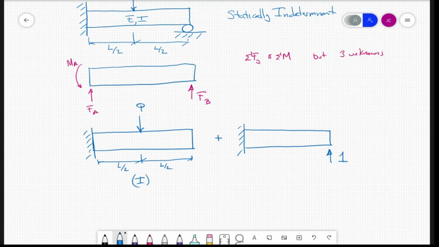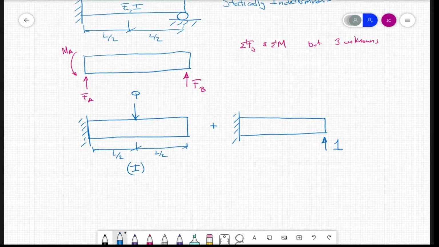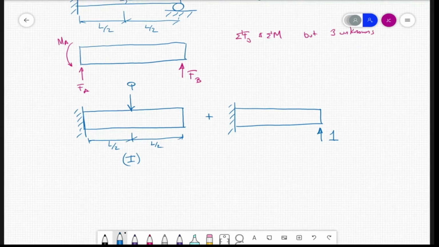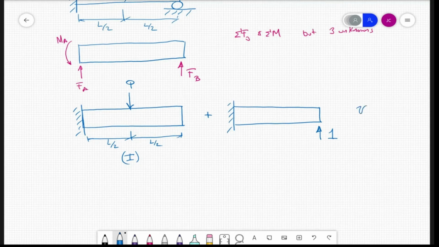And the idea here is I'm going to have to get this so that the deflection at L equals 0. So we're going to scale the unit force such that we get that condition that the deflection at point B, x equals L, goes to 0. So I don't have to integrate in this case.